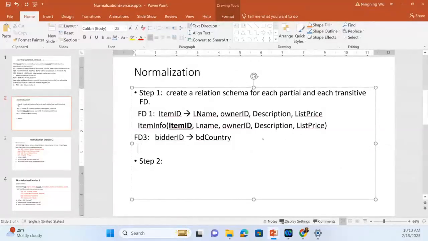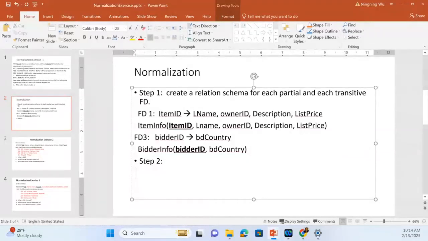So maybe I call it bidder info, okay? It only has two attributes, bidder ID and bid country. Then the bidder ID will be the primary key of this new relation. Now we are done with step 1 because we created the relation schema for every single partial functional dependency. Since we don't have a transitive one, we do not need to create one.